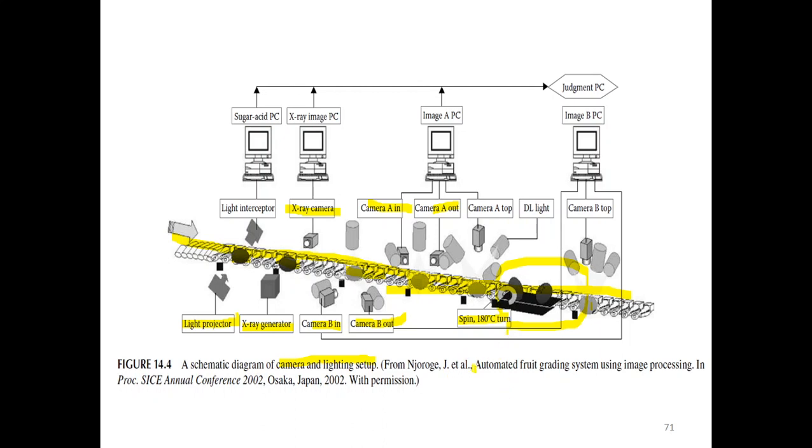Okay, so this is an automatic fruit grading system using image processing, a very good example of quality sorting.